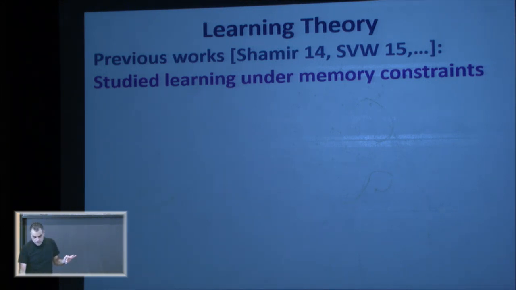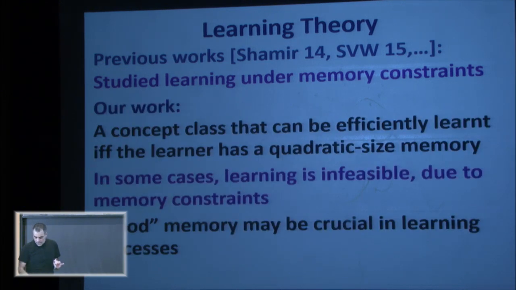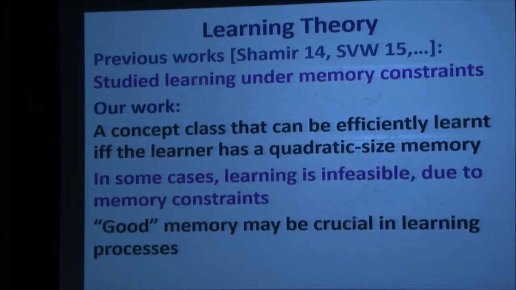So it came from learning theory, and in the language of learning theory, our result shows that there is a concept class that can be efficiently learned if the learner has a quadratic size memory.